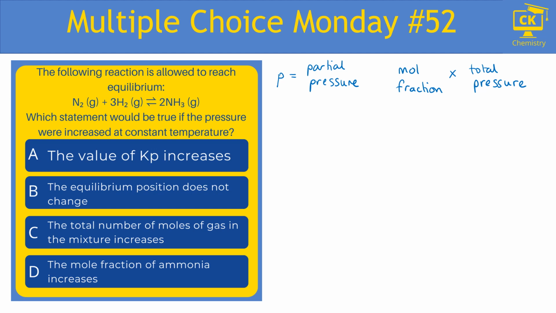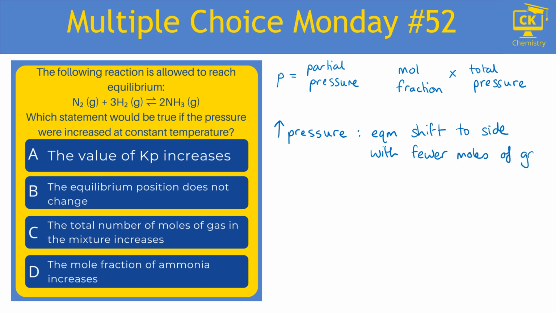Okay, so what we have to try and work out here is, what we should know in terms of an equilibrium and pressure changes is that if we increase the total pressure, when we say pressure, we mean total pressure, then that means that the equilibrium will shift towards the side with fewer moles of gas.